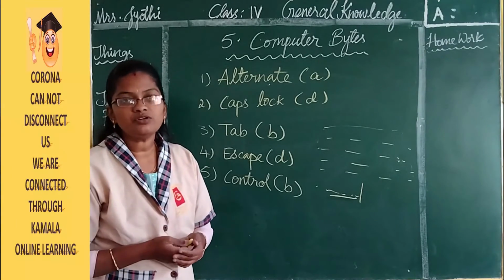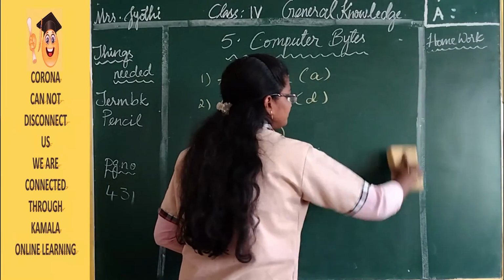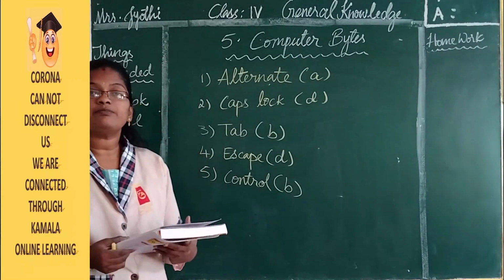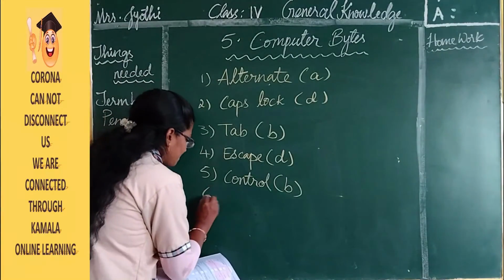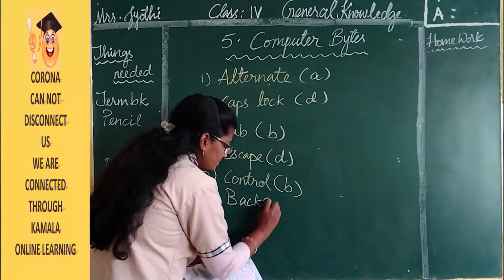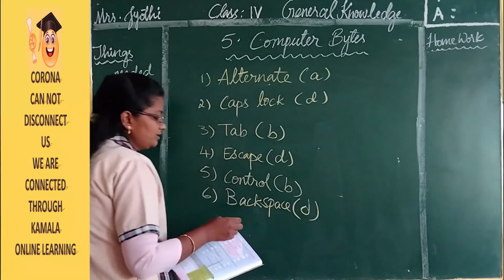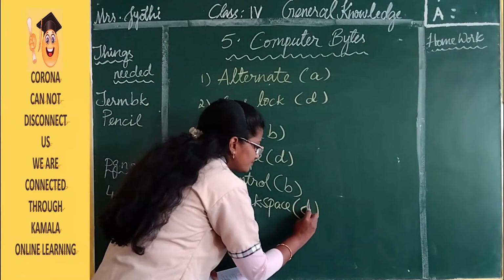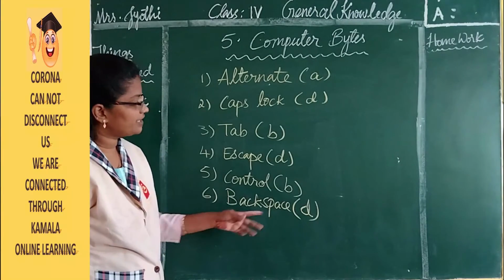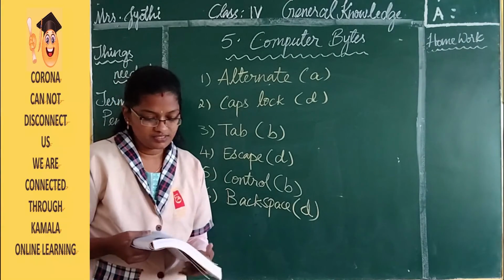Which key do you have to press? Here you have to press the backspace. It is option D. You have to press backspace to erase the things which are towards the left of the cursor.